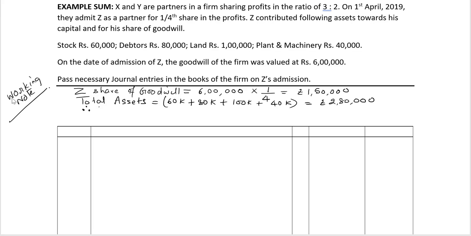And therefore, the capital which is brought in by Z is equal to ₹2,80,000, which is the total assets, minus the premium for goodwill, which is 1,50,000, and that comes up to ₹1,30,000.